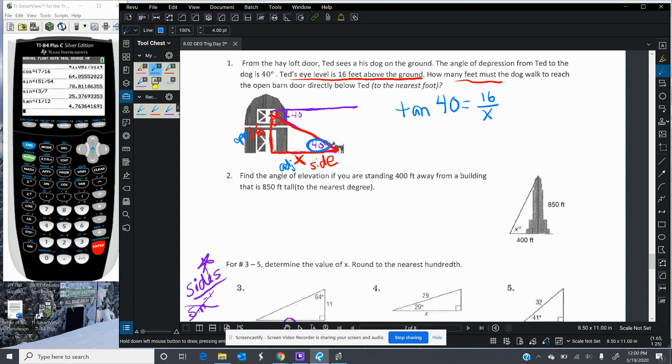Now, had we focused on the 50 degrees, this would have kind of flip-flopped around a little. But from here, when you cross multiply, make sure you put your tan 40 over 1. So we have x tan 40 equals 16. And to solve, you're going to divide over. Okay. So I hope that kind of gets you started.